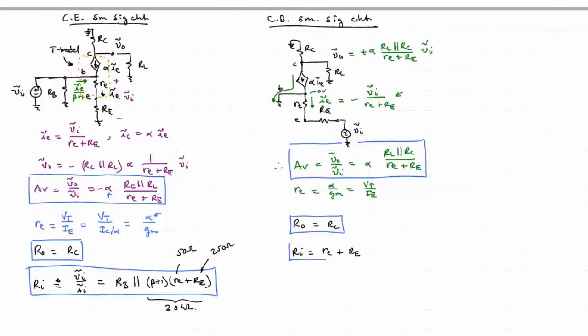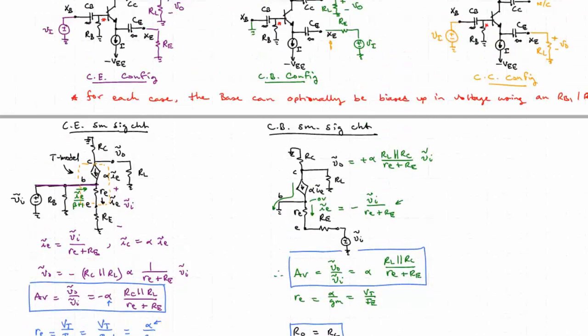Comparing that to the common emitter, this is roughly beta plus 1 smaller. So if we want a low input resistance amplifier, the common base is the amplifier of choice.